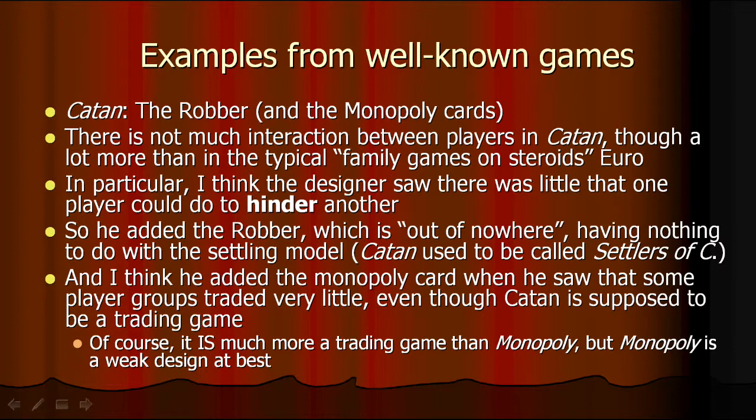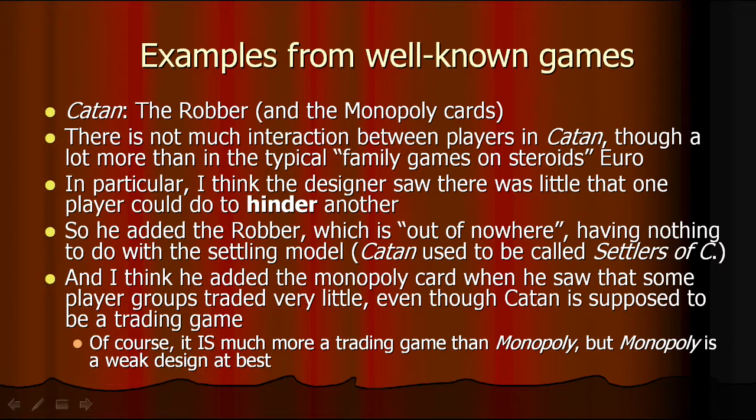I think the designer saw that, and he decided to add the robber, which has nothing to do with the rest of the game, doesn't fit at all in any way, shape, or form, in order to provide a way for a player to hinder another player, or at least have the potential to hinder another player. It has nothing to do with a settling model.